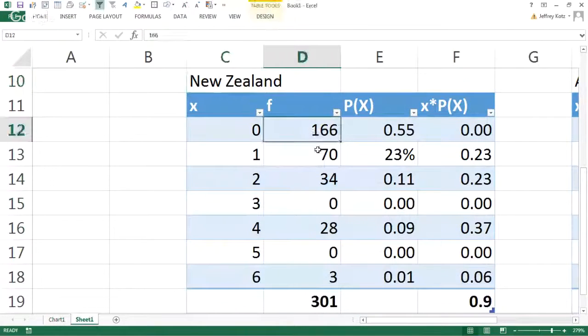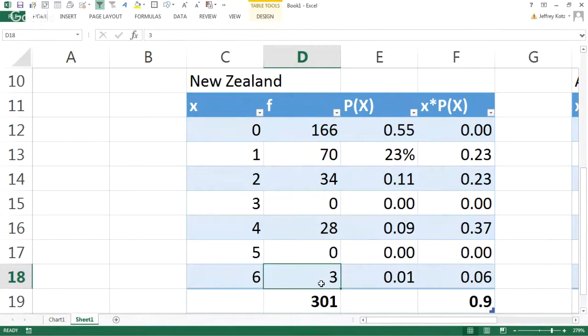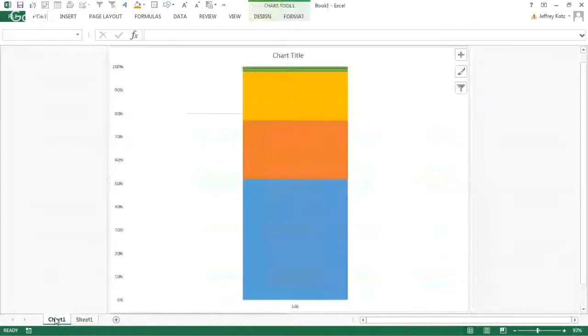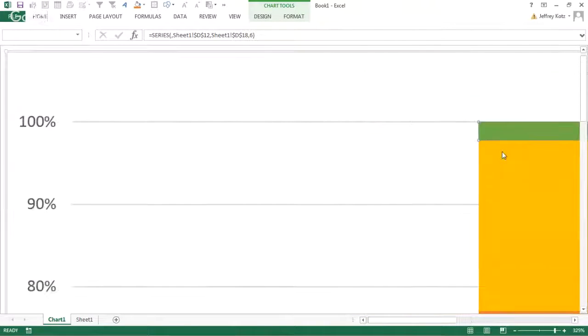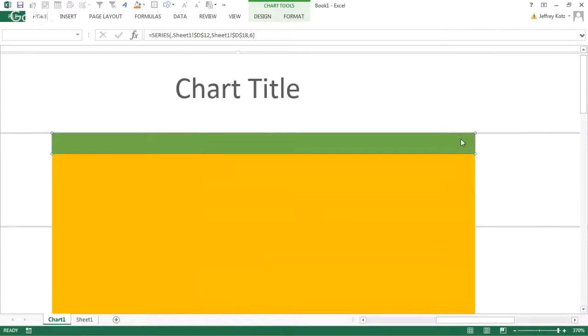Notice that there are only 5 X values which have non-zero frequencies. So if we look at this chart, we see 1, 2, 3, 4, and somewhere above there, if we zoom in real close up here, we might be able to see one. You know what, we can't even see it. It's so small.